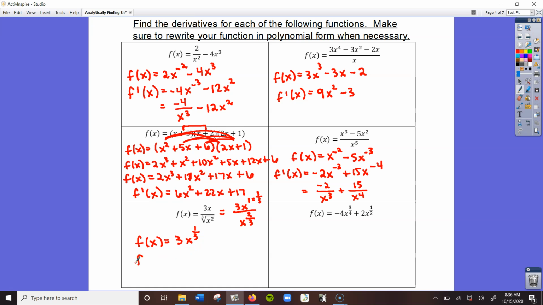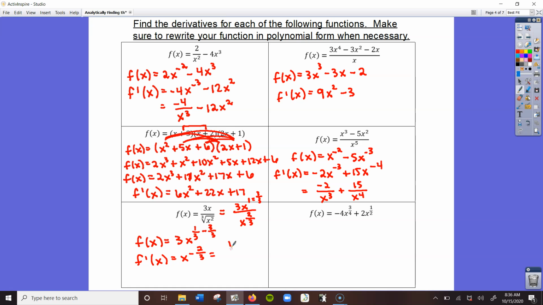Now I'm ready to find the derivative. So f prime of x, 3 times 1/3 is the same thing as 3 divided by 3, which is 1. And then x, and I'm going to subtract 1 from the exponent. So I'm going to subtract 3 over 3, which is equal to negative 2 over 3, which you can rewrite as well.